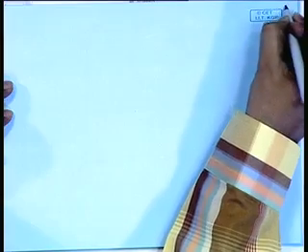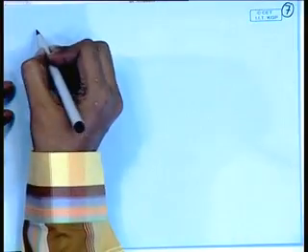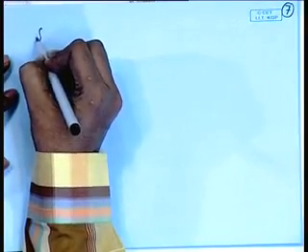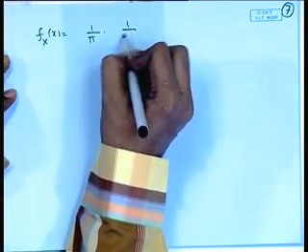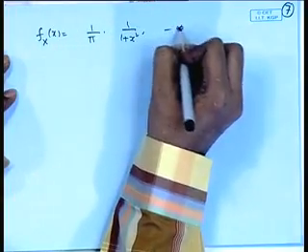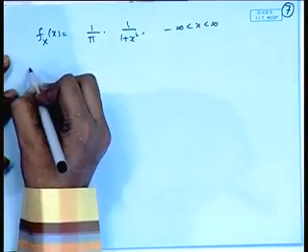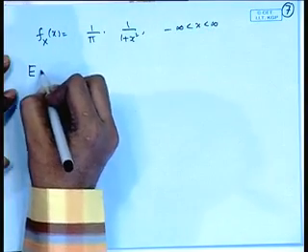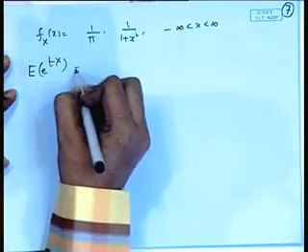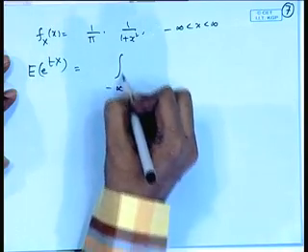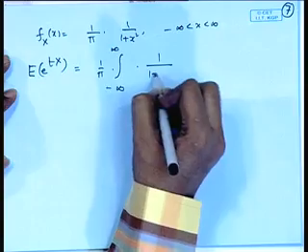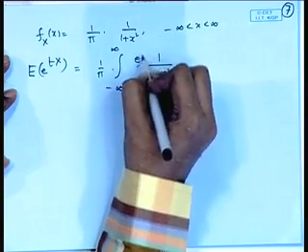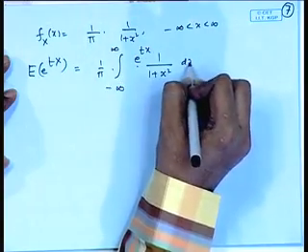We may have a case that moment generating function may not exist. Let us consider, suppose you take f(x) is equal to 1 by pi times 1 by 1 plus x square. If I look at expectation of e to the power t x, then it is equal to the integral from minus infinity to infinity of 1 by pi, 1 by 1 plus x square, e to the power t x dx.